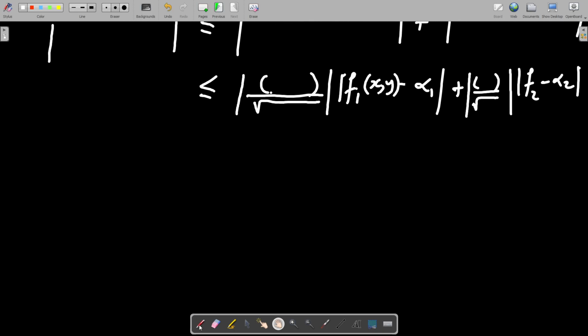So finally, after doing all this, what we are ending up with is f of xy, sorry, write the full thing and then take the modulus, huh? Otherwise it won't fit inside.